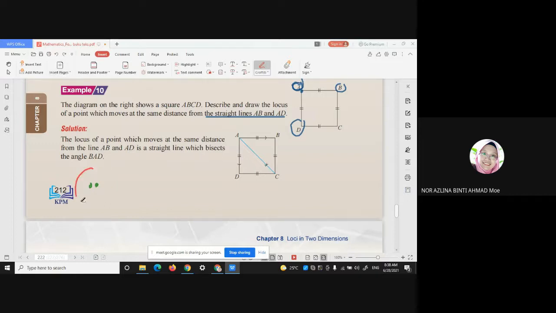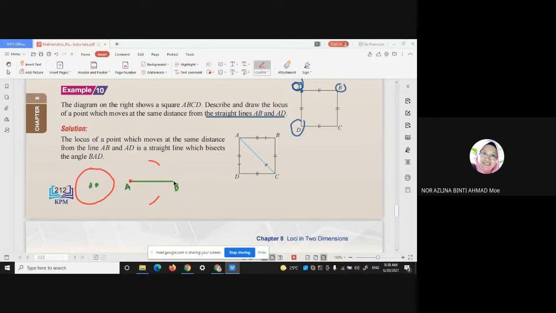Then the second one, what is our locus shape? A straight line from points A and B. Let's say here A, and here B. The locus is equidistant from point A and B.